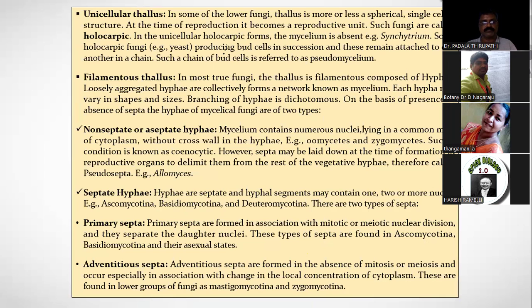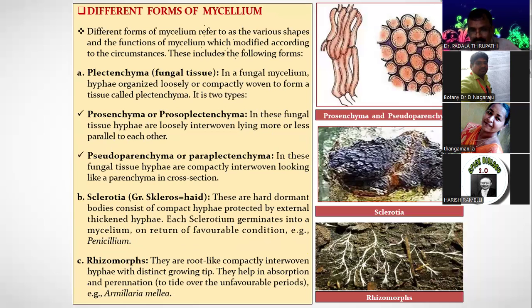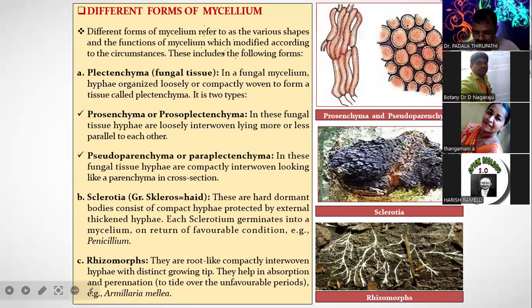You know, this I already told you. Unicellular, which we call holocarpic, filamentous, eucarpic, non-septate, aseptate, and septate again. Types I already told you: simple porous, non-porous, doliporous. And you can see here the difference between plectenchyma and prosenchyma.